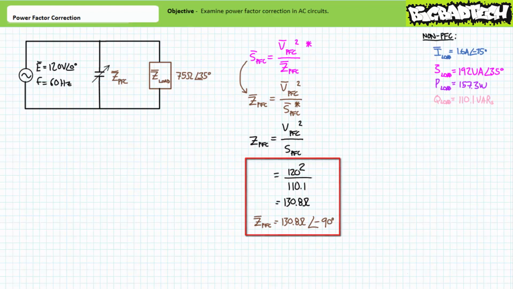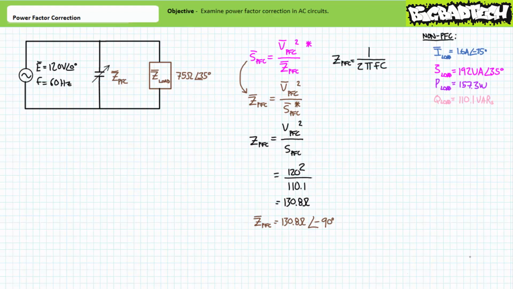All we need to do now is to calculate the capacitance value necessary to achieve this desired impedance at the given excitation frequency, in this case 60 Hz. Given we know our desired impedance magnitude and the excitation frequency, we can rearrange the capacitive complex impedance formula to solve for capacitance, where capacitance equals 1 over 2 pi f times the impedance magnitude.